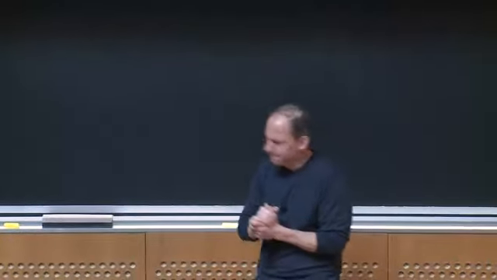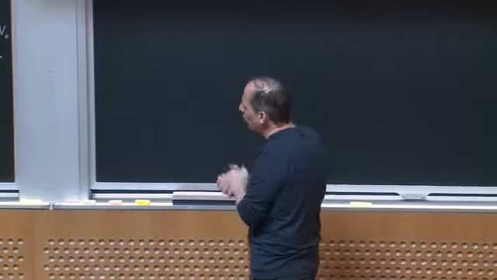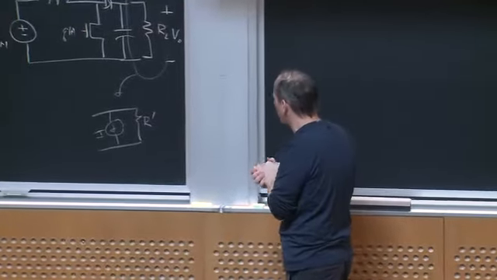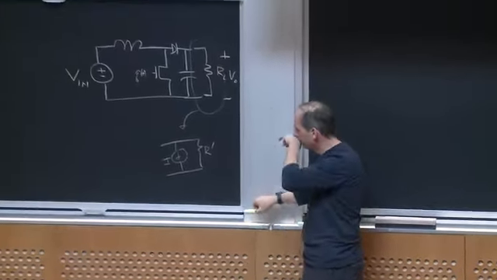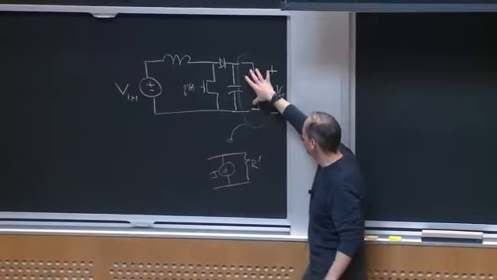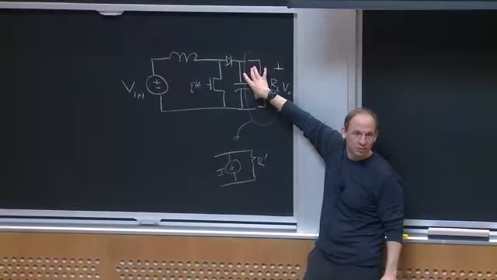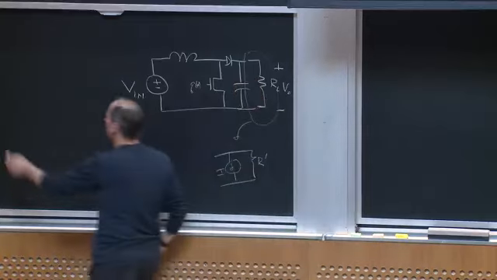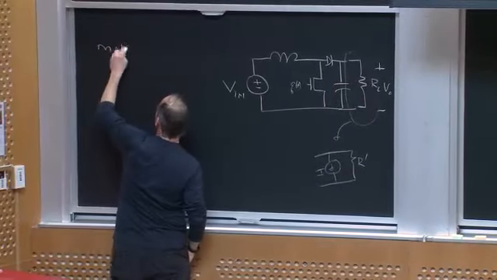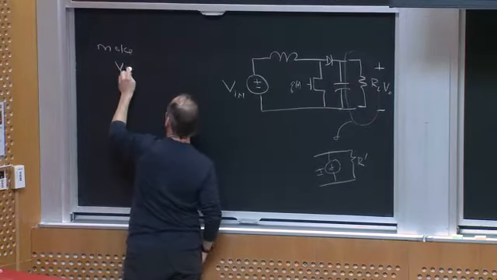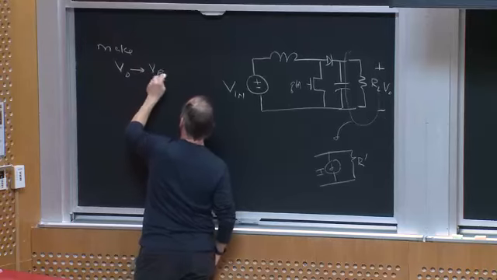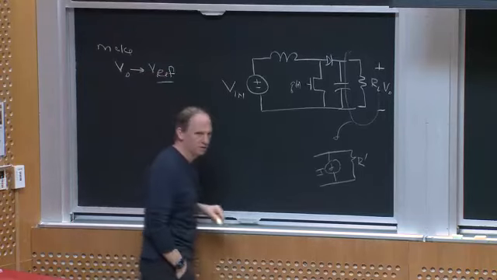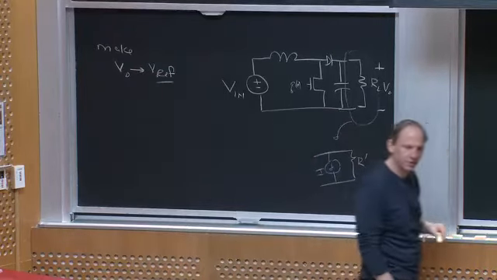All right, what do we have to do in a typical power converter application, right? We usually want to regulate the output voltage to be something we want, okay? So we want to make Vout go to some reference voltage that I'll call Vref, okay?